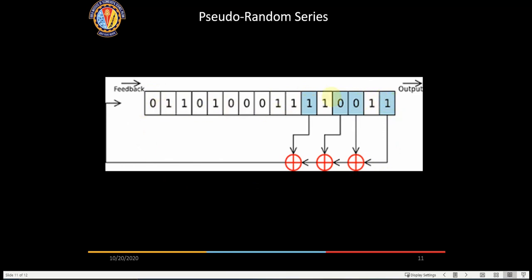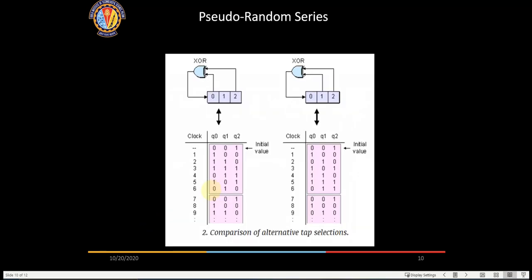I can give 2 to the power of 16 combinations, any of the combinations, and then I can take XOR of any combination. So you see how the pseudo-random bits might repeat after say 1000 bits also. Like here it is up to 7, here it is after 7.